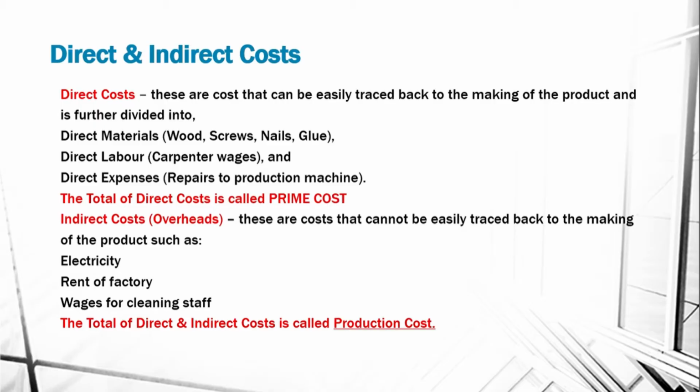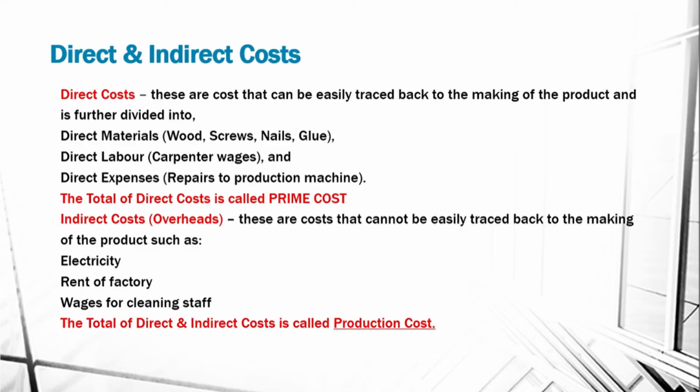Direct costs can be further divided into direct materials, and from the example of making the table, the wood, the screws, the nails, the glue, all those would be direct materials. The direct labor is like carpenter wages, the wages that you would pay the carpenter. And then the direct expenses would be like the repairs that you need to make to the production machine or to the machine that you would use in the productive process. All those are what we call direct costs.